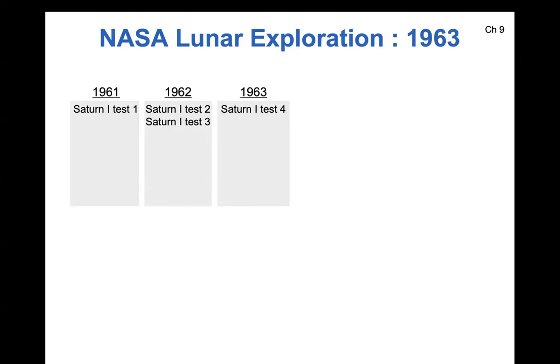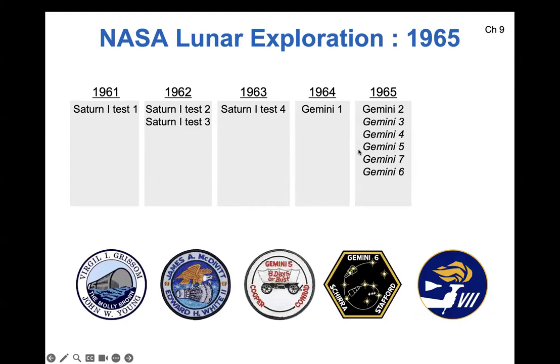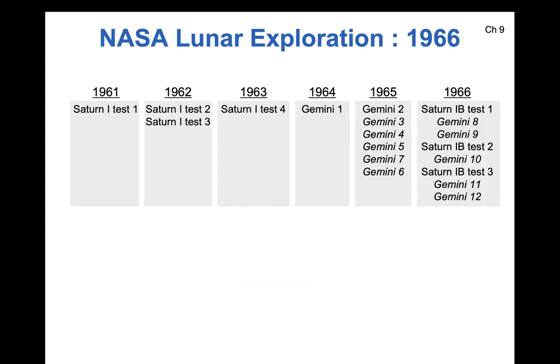You have the Saturn tests, which were testing the rockets that would later be used to go to the moon, both to orbit it and to land on it. These were in the early 60s, the Saturn 1 tests, four of them. Then Gemini, and the Gemini missions were manned missions that orbited the moon.